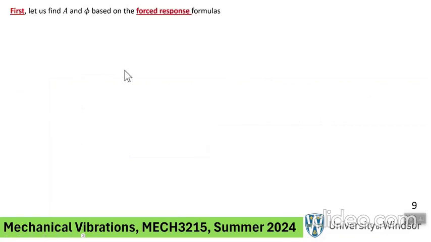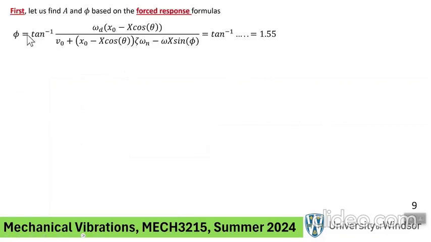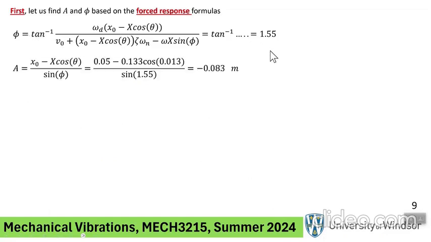Okay, so let me go ahead. You just plug in the expression for phi. Remember we did it 10 minutes ago? Plug in the expression for A. In order to do that, we had to know what X was and what theta was, and we just did it in the previous slide. Just write it down.